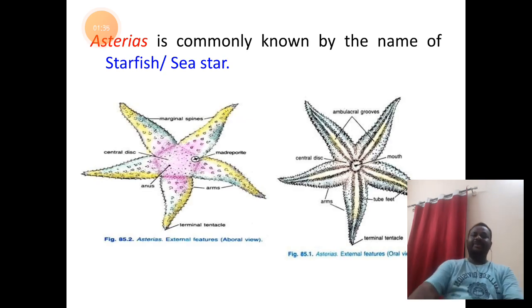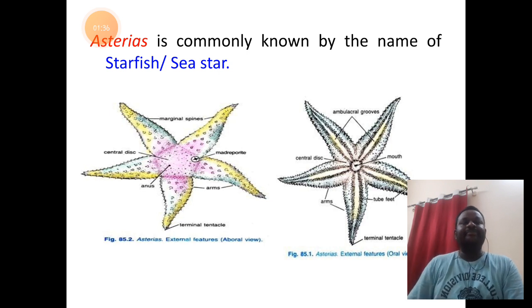Well, Asterias is commonly called starfish or sea star. The term starfish is now abandoned. We shouldn't use it further in scientific usage.